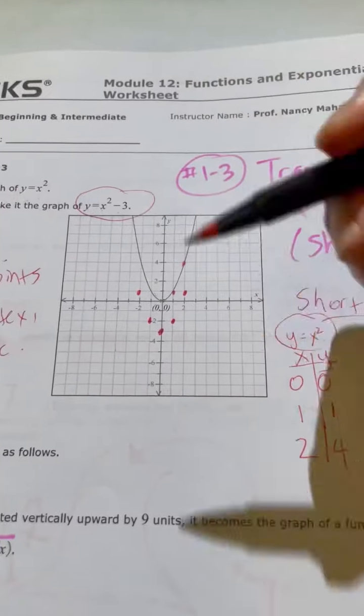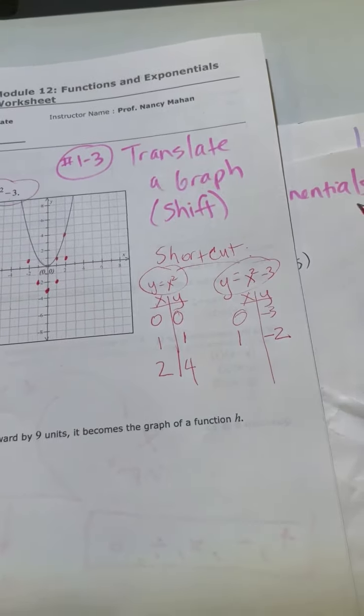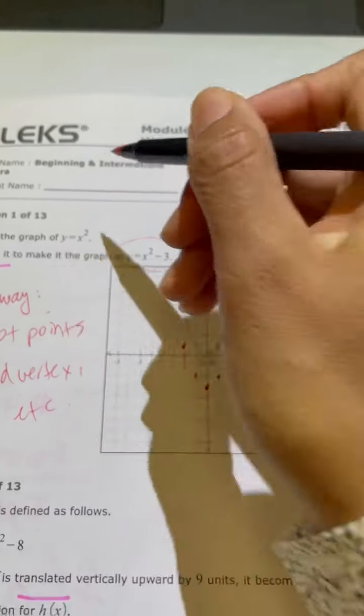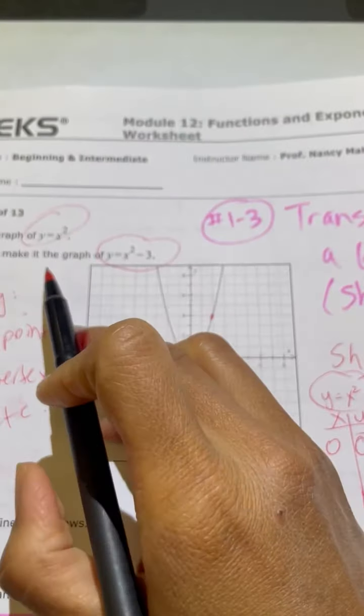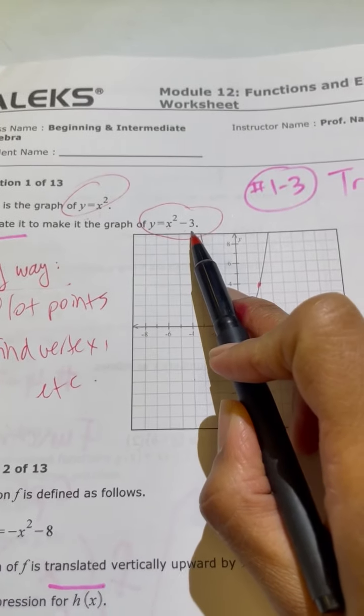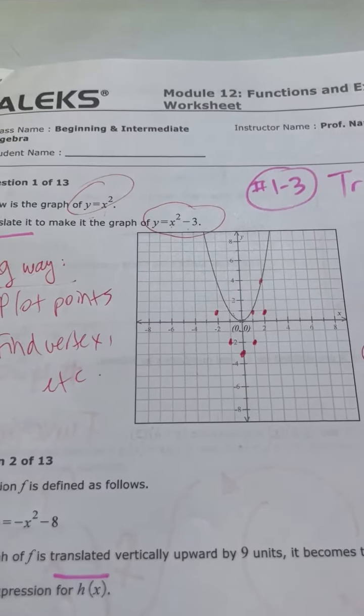So on your ALEKS, instead of having to plot points or do all that work, I could just notice that, oh, okay, this is exactly the same. The root graph is this, and all I'm doing is shifting everything down 3 points. So the y value changes by shifting it down 3 points.